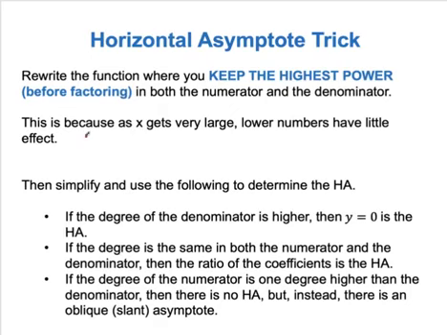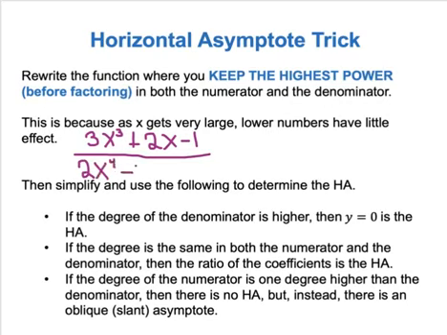For example, if we have 3x cubed plus 2x minus 1 divided by 2x to the fourth minus 3x squared plus 2.